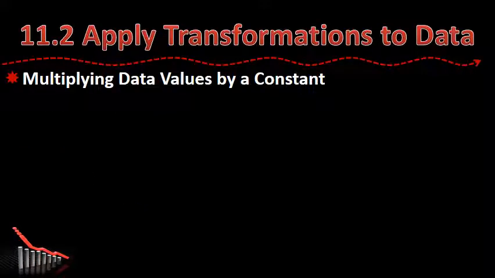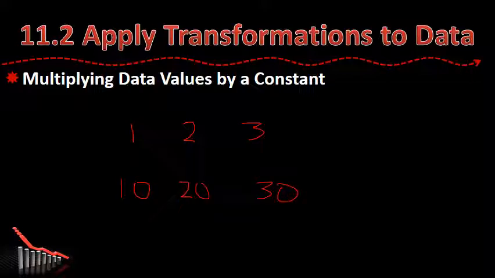We could also multiply the data values by a constant. Consider the set 1, 2, 3. By multiplying by 10, I'll get 10, 20, and 30. For the top set, the 1, 2, and 3, the mean would be 2.